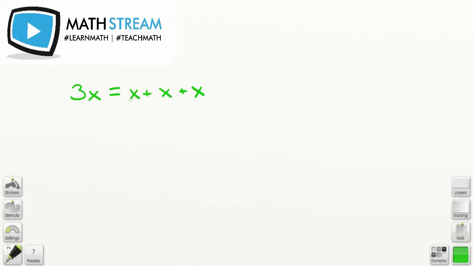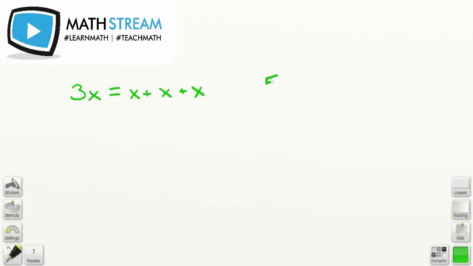Basically, 3x means we have 3, 1, 2, 3 x's. That's probably not rocket science, but it's important that we think about the actual meaning behind these expressions if we're going to know how to combine and simplify them.